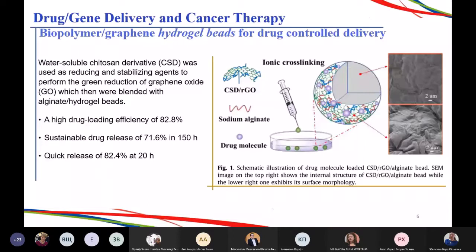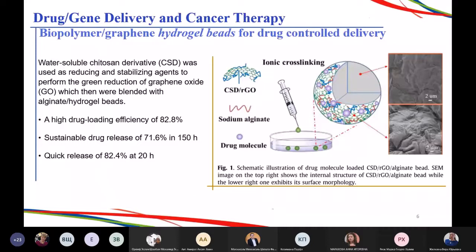There are many trials that have already proved the value of using graphene oxide, which is one of the graphene derivatives, as a drug delivery system. In a study, a water-soluble chitosan derivative was used as a reducing and stabilizing agent to perform the green reduction of graphene oxide, which was then blended with alginate hydrogel beads.